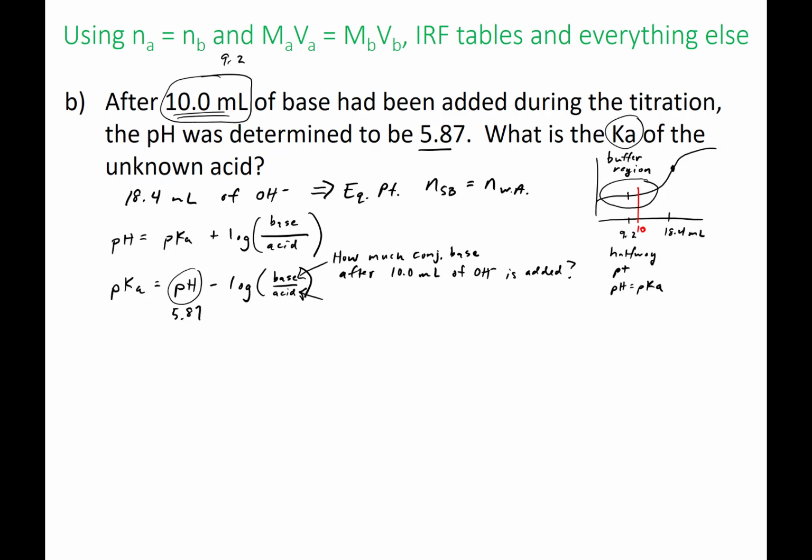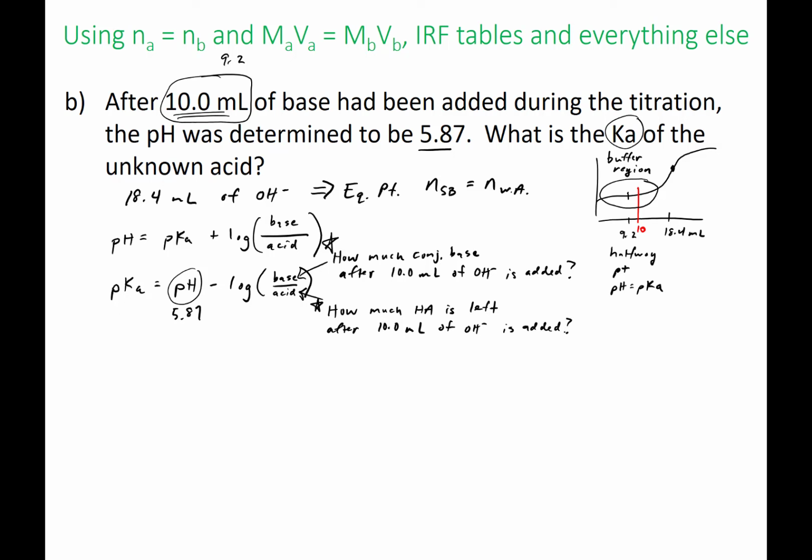So that is the question within the question. It says what is the Ka, but really we're trying to answer this question: how much of the original weak acid is left after the 10 milliliters of base is added?